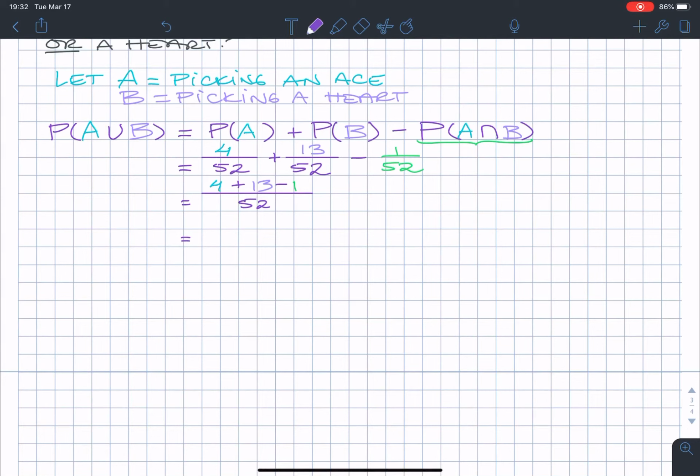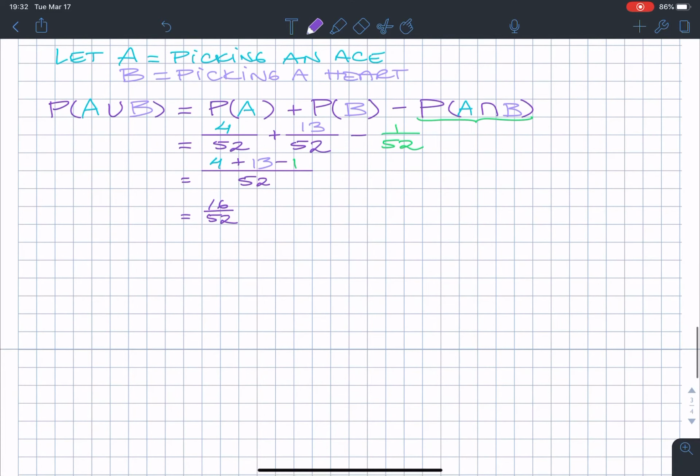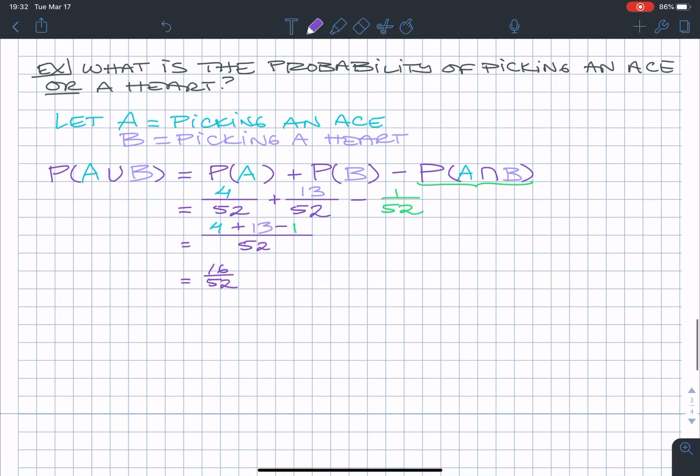Is that true? 16 out of 52. And that does reduce if I care to, but I'm going to leave it here for just a moment and let's think about this. Picking an ace or picking a heart. I could choose from 13 hearts, and one of those is already an ace, so there's 3 aces left over. So 13 and 3 is indeed 16, so that does work.